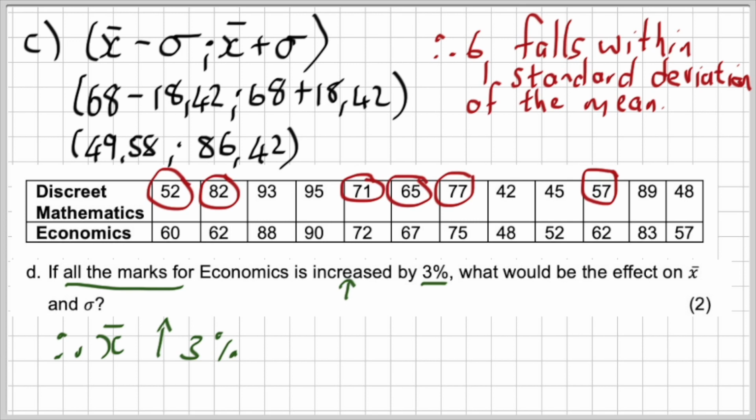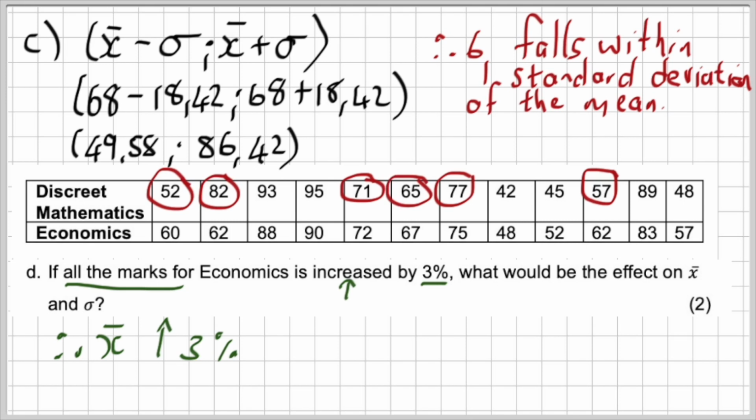But does that change the consistency? Does that change how close or how far the values lie from the mean? No, because all the data is moved up. It doesn't mean it is more spread out or less spread out.